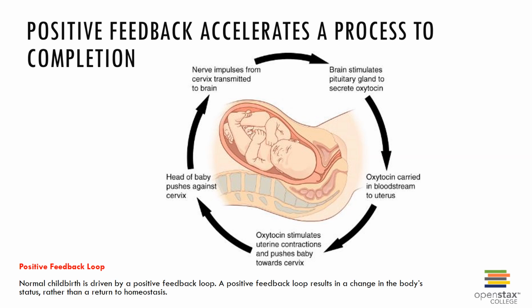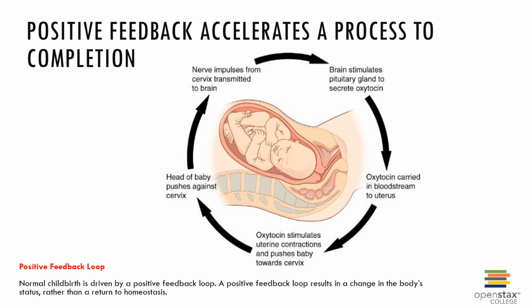Negative feedback, as you saw, goes in the opposite direction of the change. Positive feedback mechanisms enhance or exaggerate the original stimulus. So it sometimes causes a cascade or amplification effect, and it generally accelerates a process to completion. So it intensifies or enhances the original stimulus.